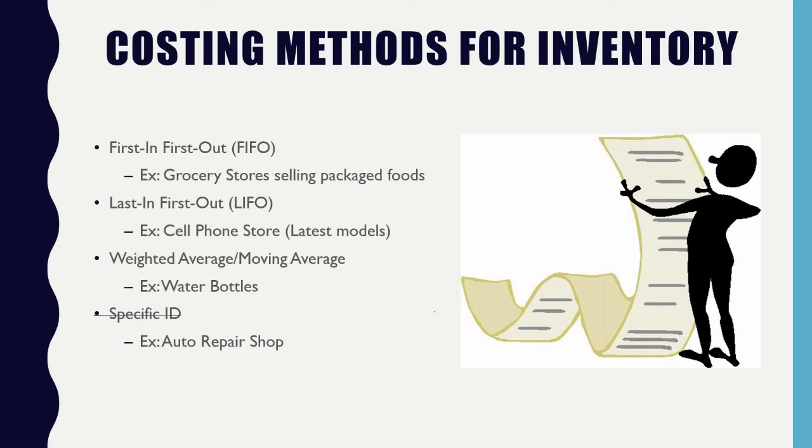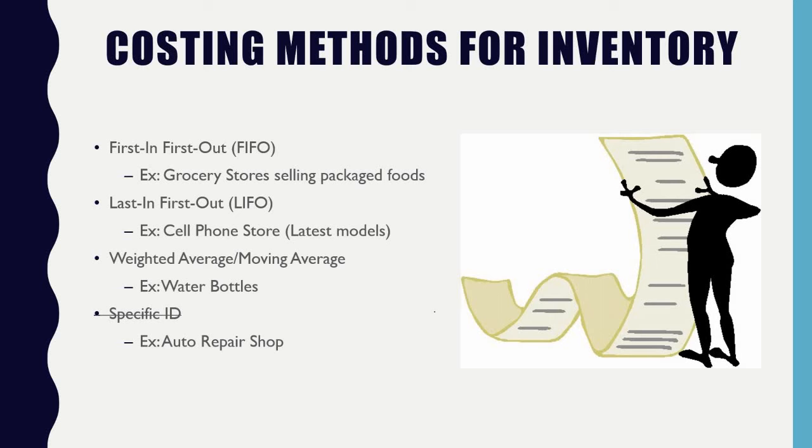If it's an aftermarket product, let's say you want to fix up a Mustang, you need to buy the specific part. It's got to be a specific water pump for this specific model, for this specific year. You understand what I mean, right? There are a lot of cases where not one item can apply to all. It has to be geared towards a specific piece. Okay, that's what specific ID is.